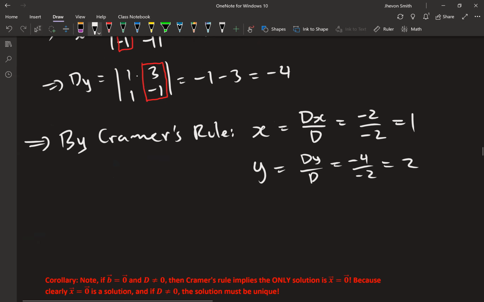So this means that x comma y equals, so this is what I would call my vector x. My vector x in the notation above looks like x comma y, and that's going to be equal to 1 comma 2. And you can check this. This is actually the solution.